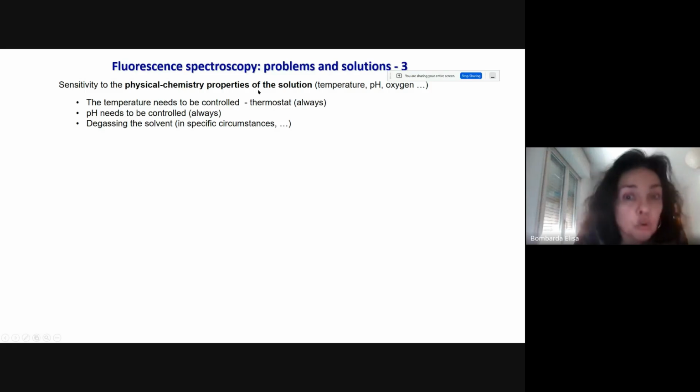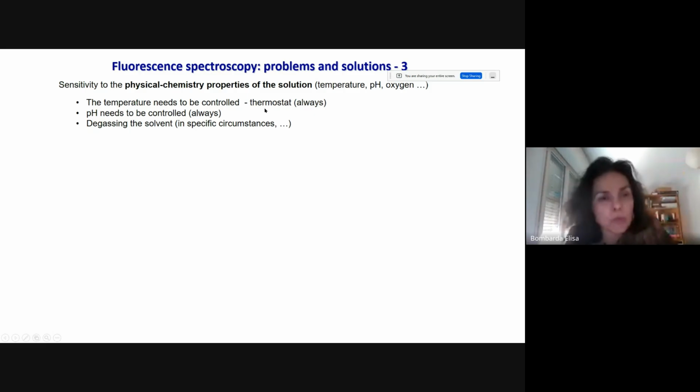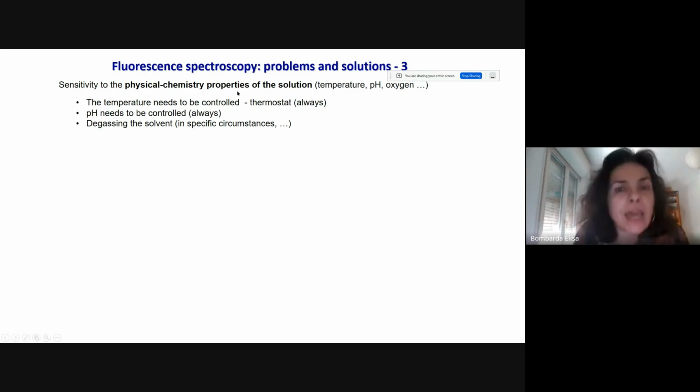Of course, we can also change the temperature. We can make measurements as a function of temperature, for example in some melting experiment. But we have to control it. The pH also needs to be controlled, since fluorescence can depend on pH. Or we want to follow the pH change, using a fluorophore as a pH indicator.